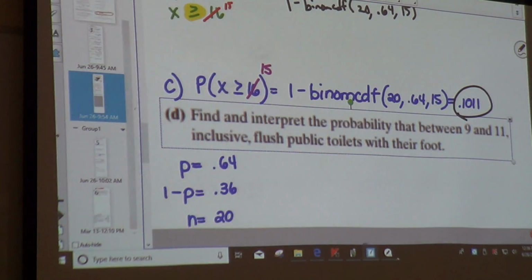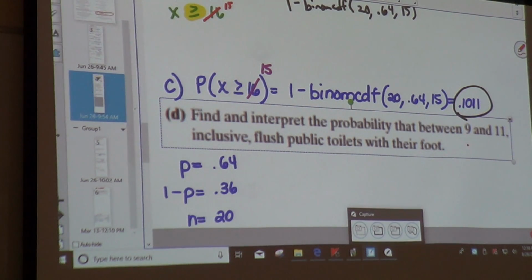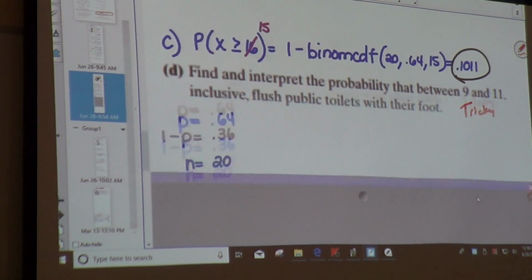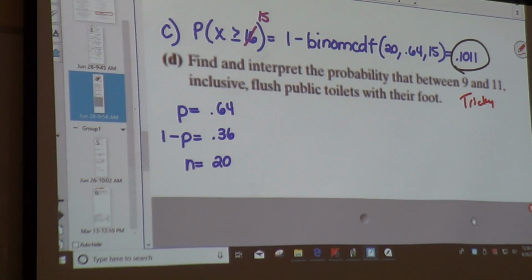We have not done one like this before. What's the probability that they have between 9 and 11 inclusively? What does inclusively mean? Does it include 9 and 11, or does it not include 9 and 11? It includes 9 and 11.